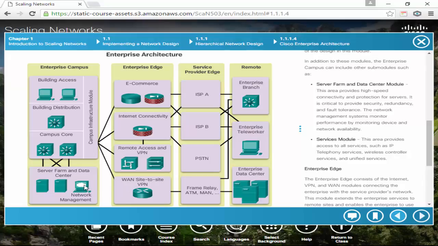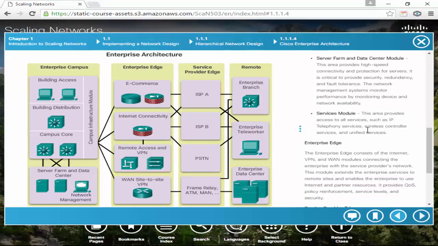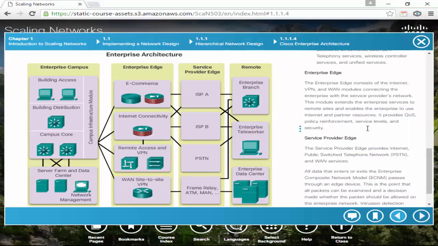And unified services usually goes into that voice over IP, but more into instant messaging, or video messaging, those kind of things. So that's our service modules. So the enterprise edge, well, let's see how they describe what I just described.